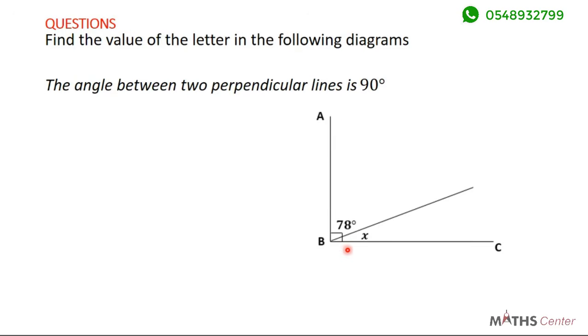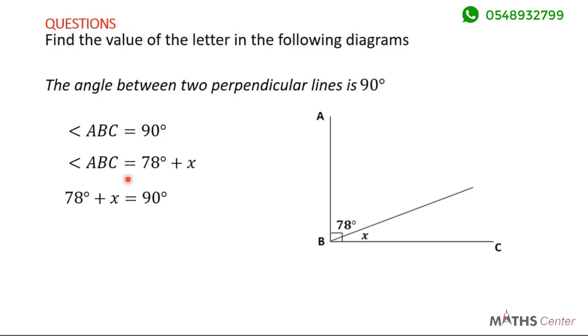So if the angle ABC is 90 degrees, and that same angle ABC is 78 degrees plus x, we know that here angle ABC has been divided into two, and a part of it is 78 degrees, the other part is x. We are supposed to find it. But we know that when you add all of them together, you should get 90 degrees.